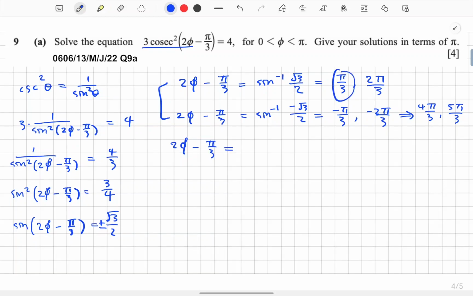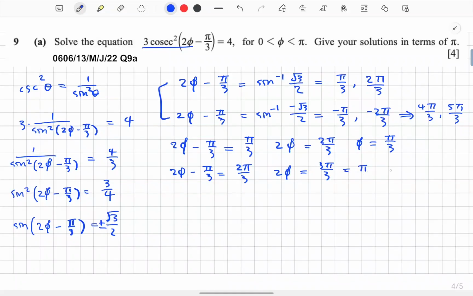For the first one, we'll solve for pi over 3. So 2v will be 2 pi over 3, and v is pi over 3. The second one will be this one. So 2 phi will be 3 pi over 3 or pi.